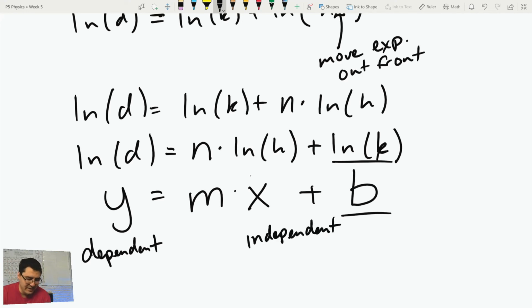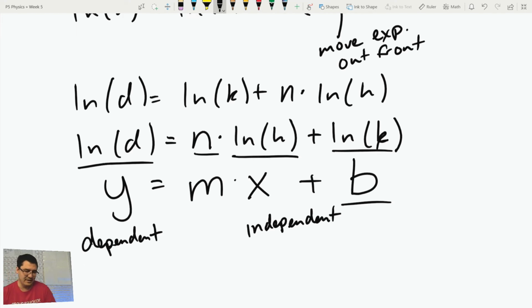The independent variable is equivalent to the natural log of the height. So you've got the natural log of the diameter of the crater equal to some slope, which is n, times the natural log of the height that you drop it from, plus the ln of k.